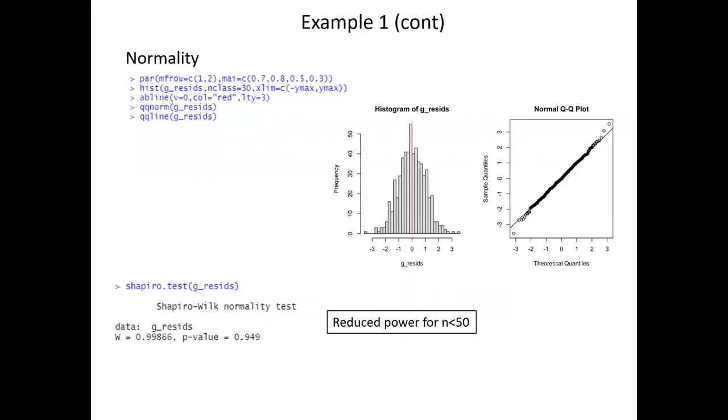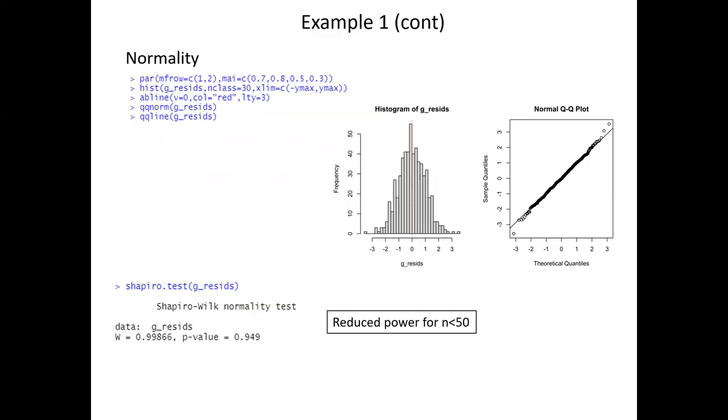And of course, we can then test for normality in the residuals. In this case, I just plot the residuals in a histogram, and you can use the QQ norm and QQ line functions to examine whether they're normally distributed. Without getting into what it means, all you have to do is look at the QQ norm, and if the points lie on the line, the distribution is pretty normal.